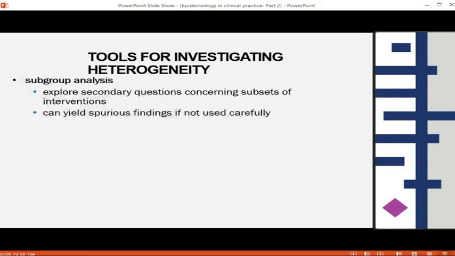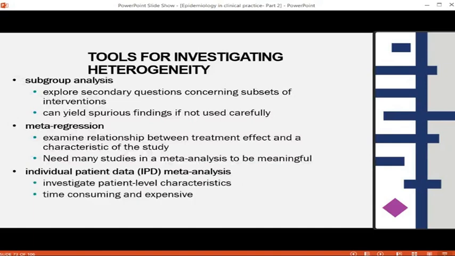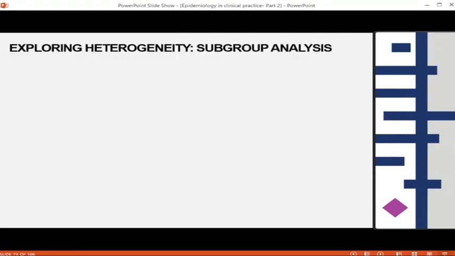You can also use meta-regression. That's a more complicated technique, and you need to have many, many more studies for you to do a proper meta-regression. Or if you can get the individual patient data from each of the studies, then you can look at why the studies are different. But that's usually not easy to do. So a subgroup analysis is fairly simple to do.